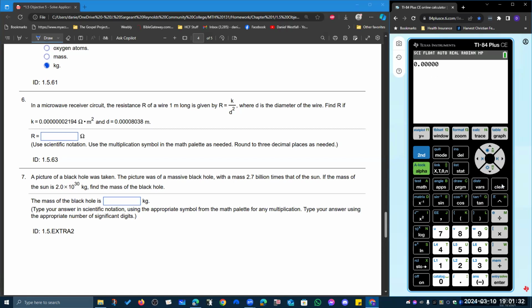There. Let's write that in scientific notation. 1, 2, 3, 4, 5, 6, 7.